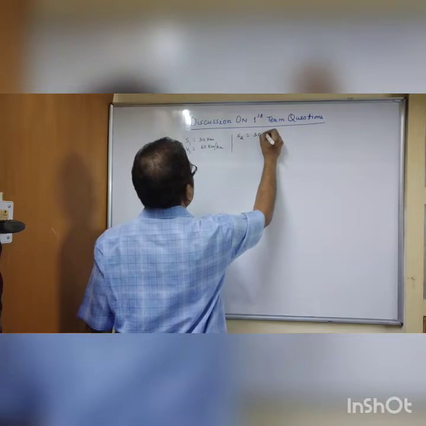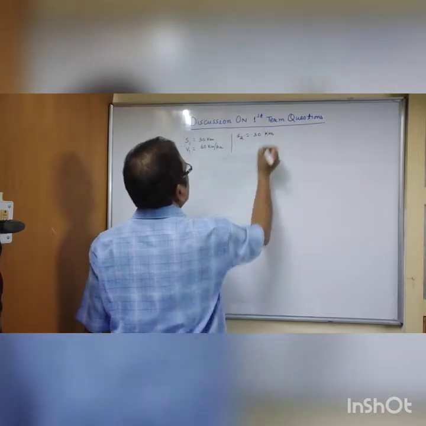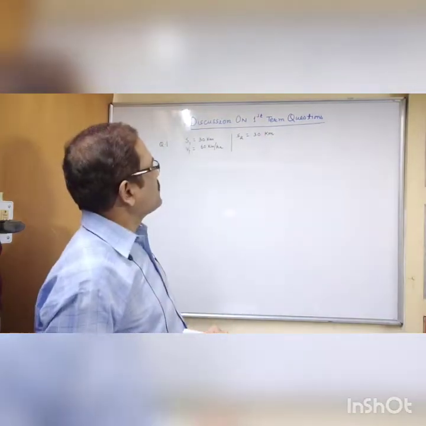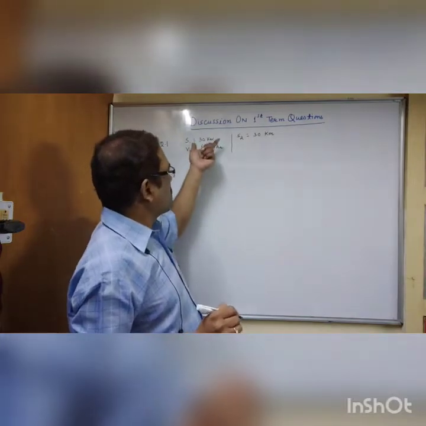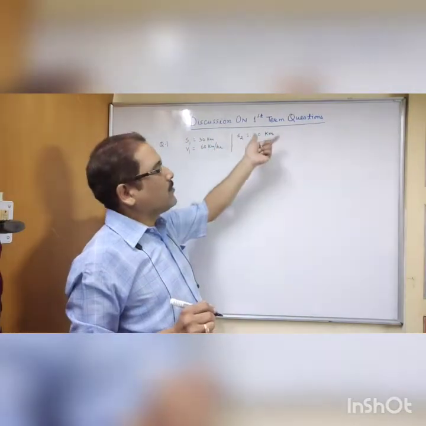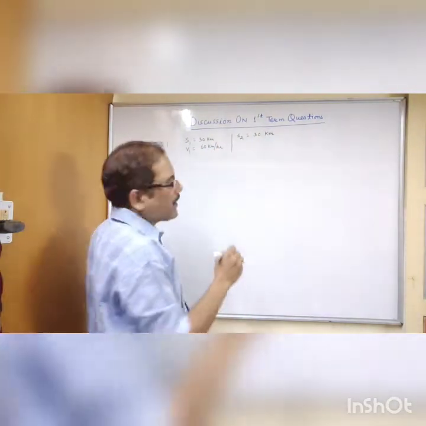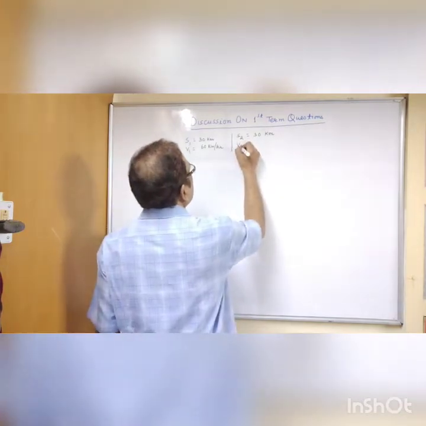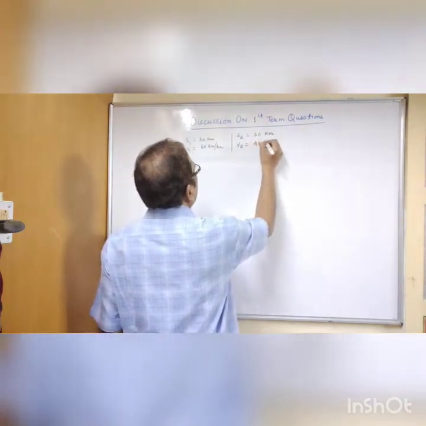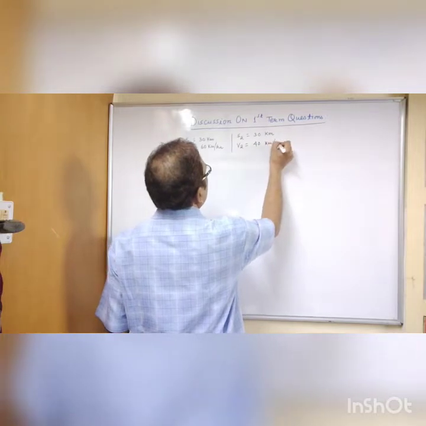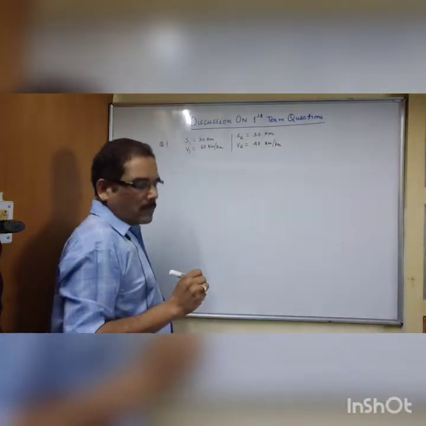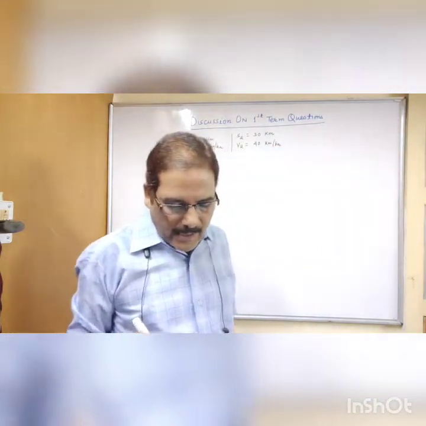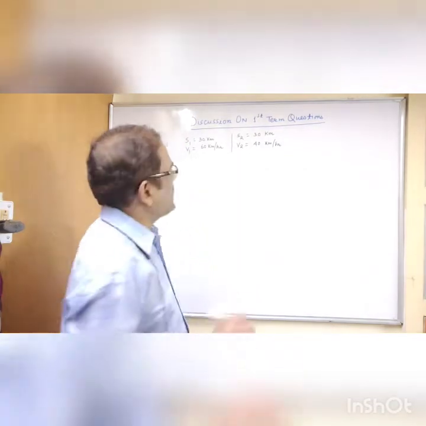Now it is also given that the bus covers the next 30 km. It means S2, as we represent distance with the letter S. So I am writing S1 for the first 30 km and S2 for the next 30 km, and here the speed is 40 km per hour. The question is the total time to cover the distance.